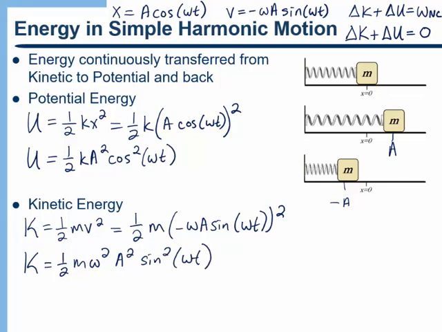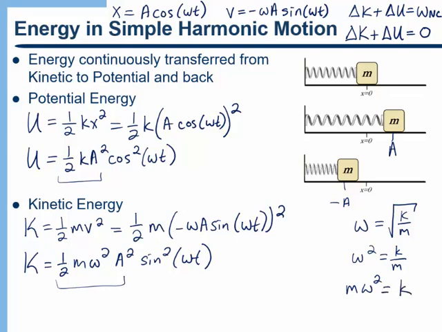Now, you'll notice that what's in front of the potential energy and what's in front of the kinetic energy are different. However, I want to show you that they're actually the same thing. We know that omega is equal to the square root of k over m. Therefore, omega squared is k over m, and omega squared times m would just be k.